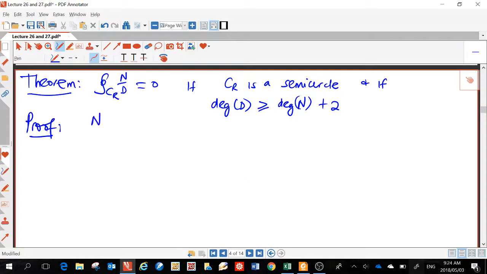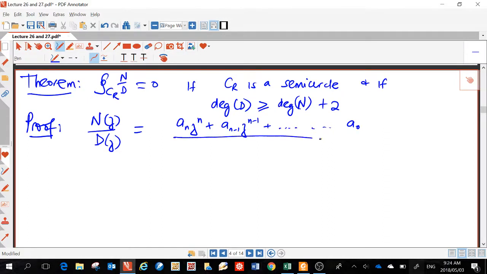So if I expand n of z over d of z, recall they are polynomials. So there will be something like a_n z to the n plus a_(n-1) z to the n minus 1 plus and so on, all the way up to a_0. Likewise, the bottom one will be some b_m z to the m plus b_(m-1) z to the m minus 1 plus and so on, all the way up to some b_0.